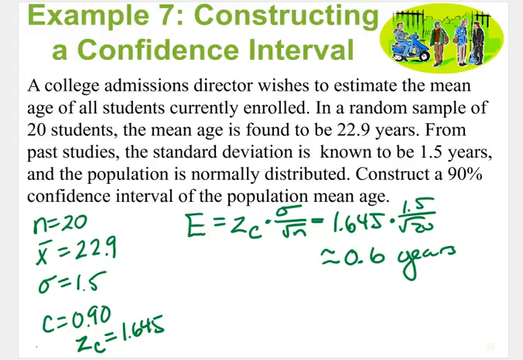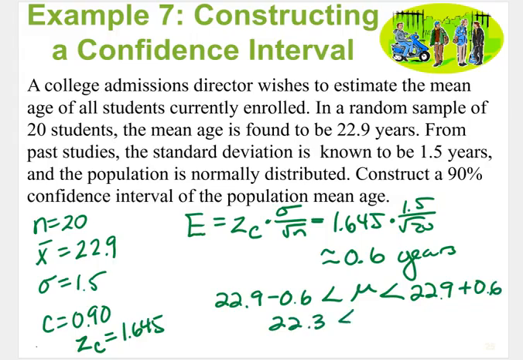So the low end of my population estimate would be 22.9 minus that 0.6, and the high end would be 22.9 plus that 0.6. So my low end is 22.3 and my high end is 23.5. So I am 90% confident that the mean age of all the students is between 22.3 and 23.5 years old.